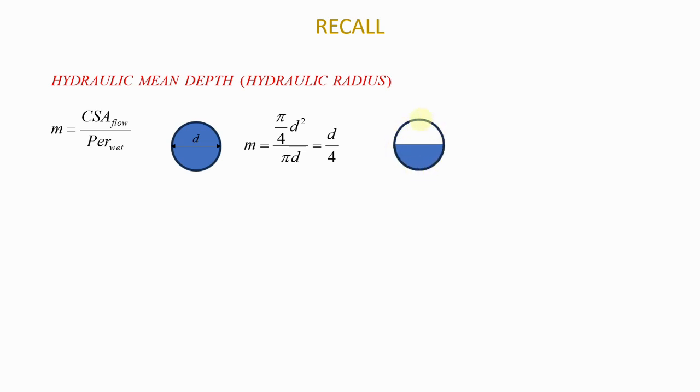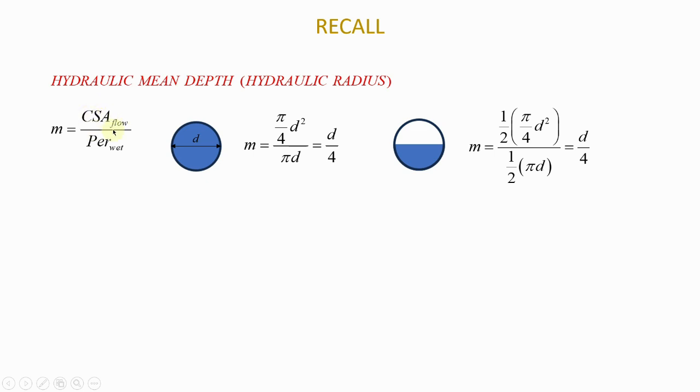It's not the perimeter of this circle, but rather the part of it that is wet. And in this case, the wetted perimeter will just be half the perimeter of the circle because this is the part of the perimeter of the circle that is wet. And so it's half the area, half the perimeter.